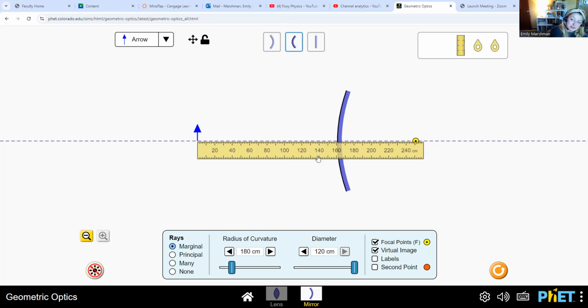And I want to find image distance. The focal length of the mirror is 90 centimeters, but it's behind the mirror. So when you're doing focal length for a convex mirror, make sure that you denote it to be negative. So the focal length for this convex mirror is negative 90 centimeters.